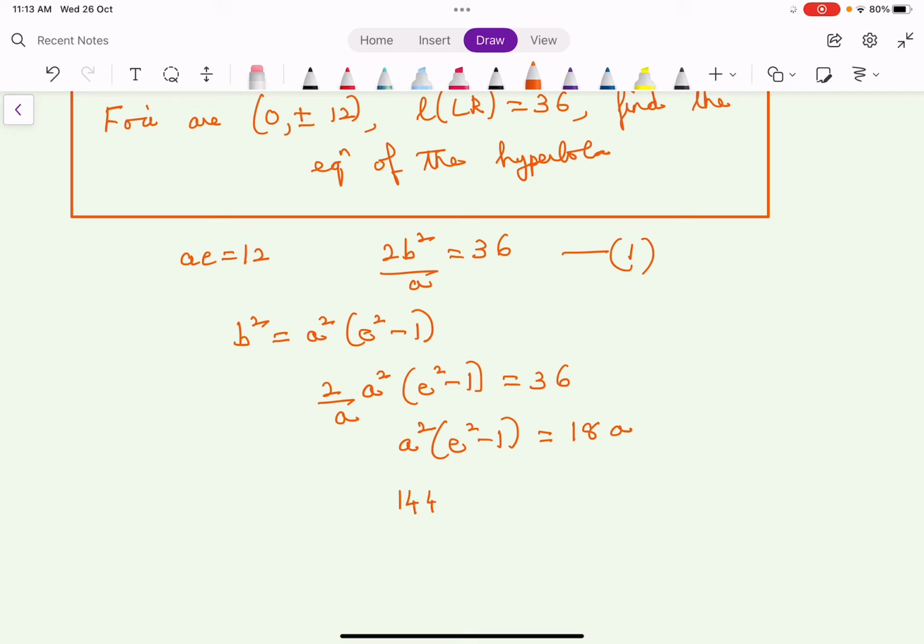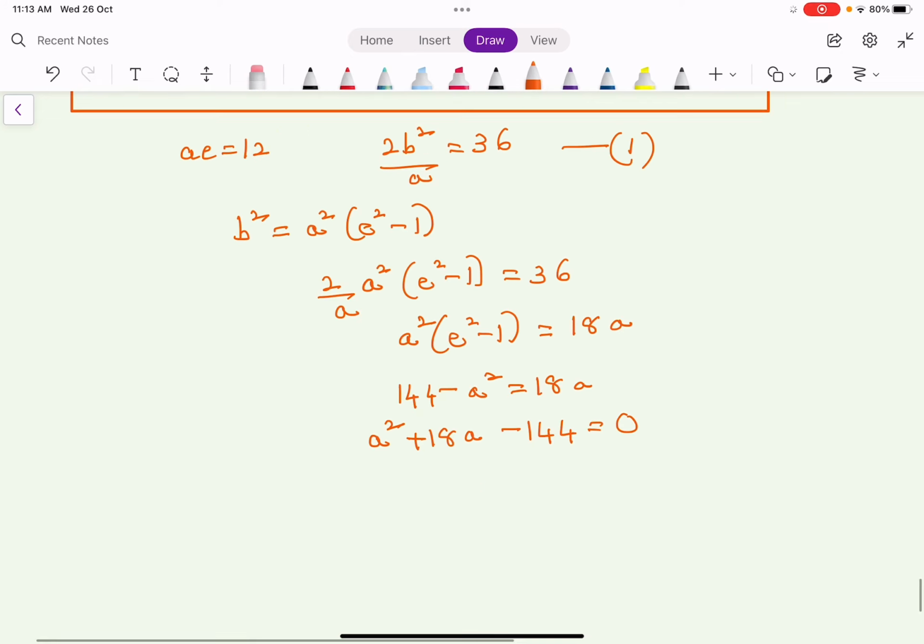So 144 minus a squared equal to 18a. So we get a quadratic here, that is a squared plus 18a minus 144 equal to 0. So factorizing, you get a plus 24 into a minus 6 equal to 0. So we take the positive value of a because a is not negative, and a is 6.